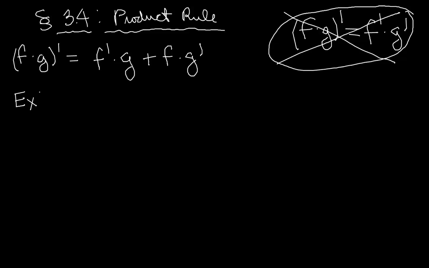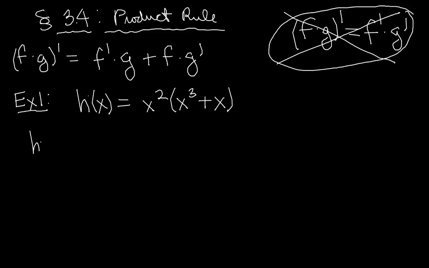Really easy one. Let's start out with polynomials and power functions. So let's say that f of x, actually let's give it a different name, let's say h of x is equal to x squared times x cubed plus x. I want to find the derivative of this.